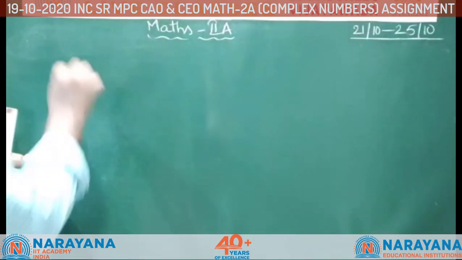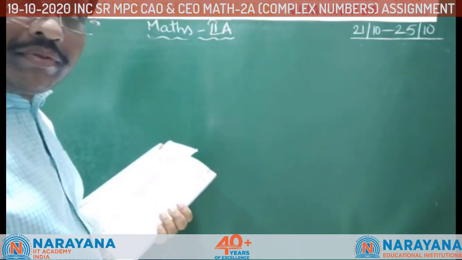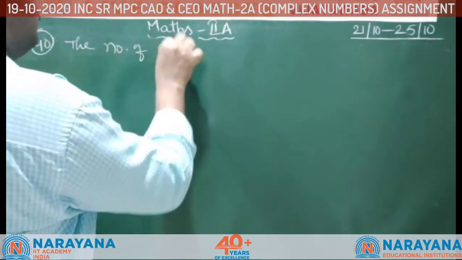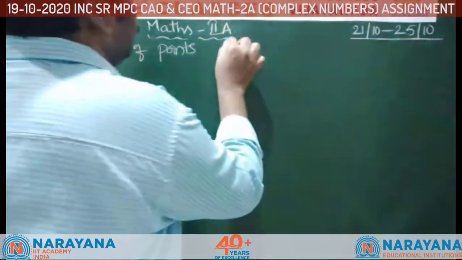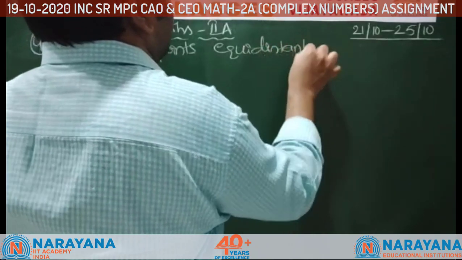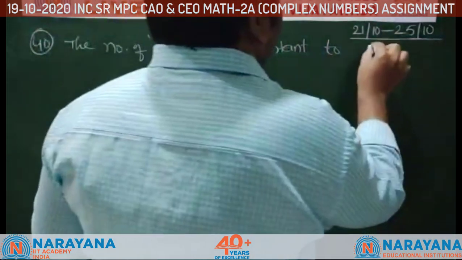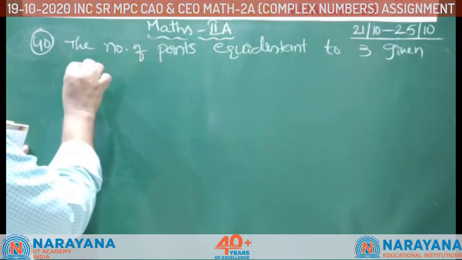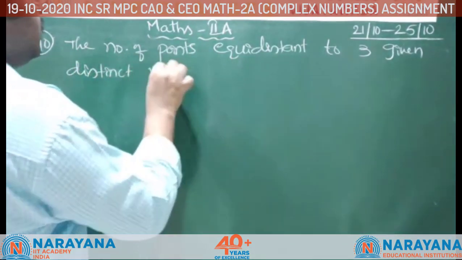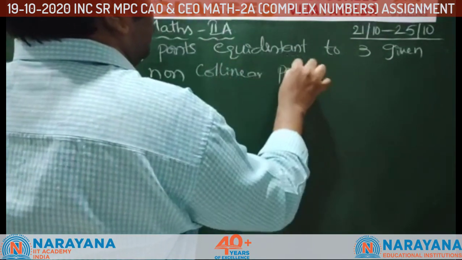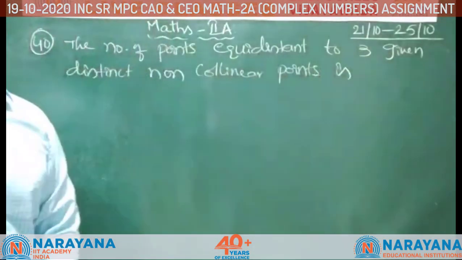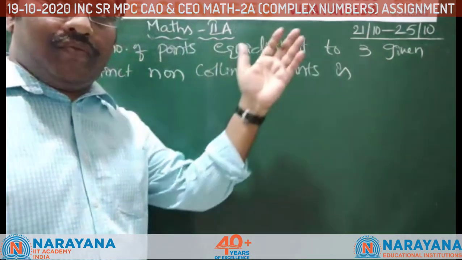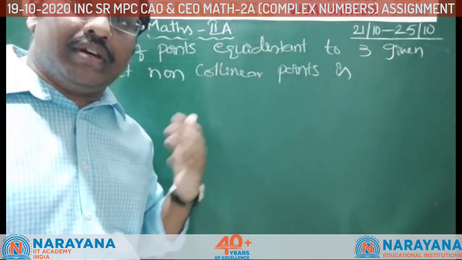Next, problem number 40, level 1. The number of points equidistant to three given distinct non-collinear points is, here you have to calculate the number of points which are equidistant from the three distinct non-collinear points.